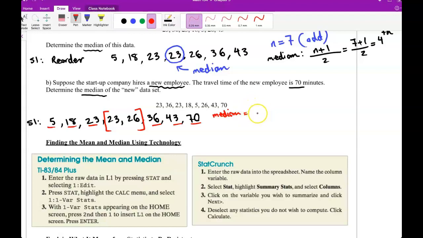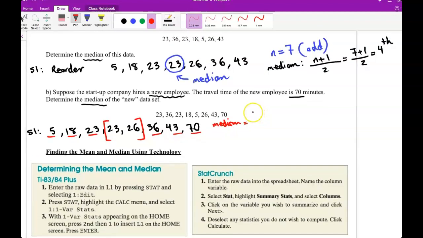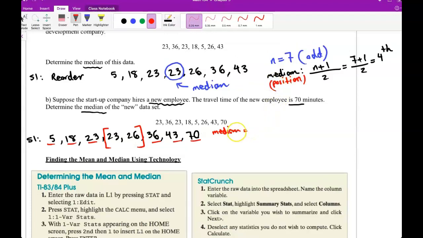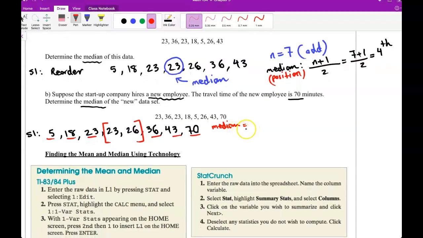So we have 23 plus 26 divided by 2, so that is 24.5. This is our median.